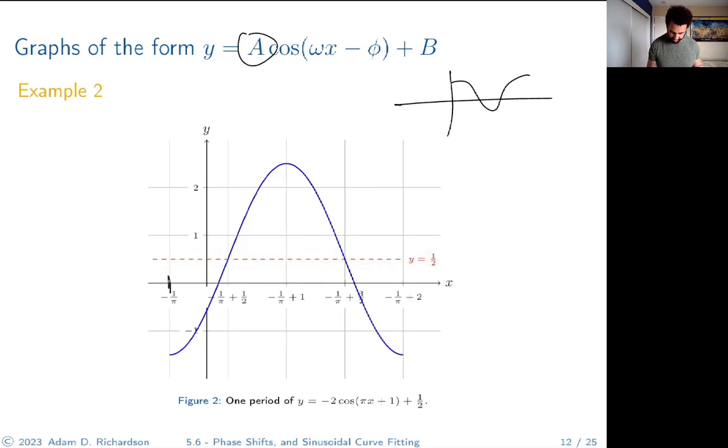So a key point here is -1/pi, and then it's right here, -1/pi plus 1/2, -1/pi plus 2 halves, which is 1, -1/pi plus 3 halves, -1/pi plus 2. All right. And that's the whole deal.